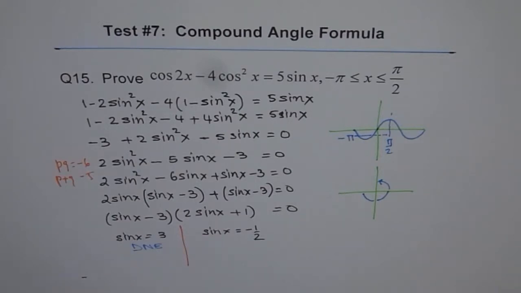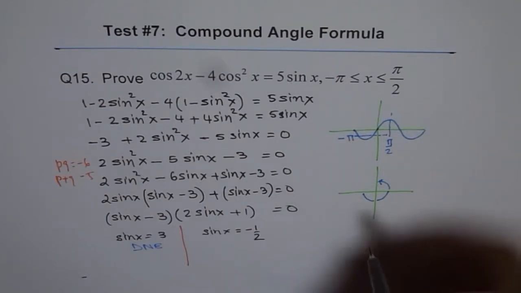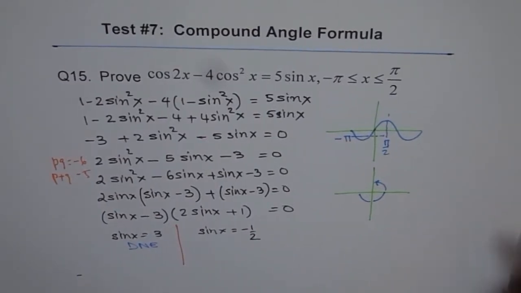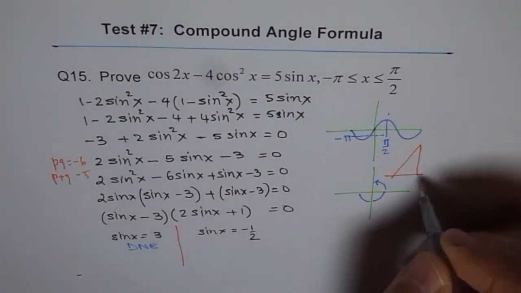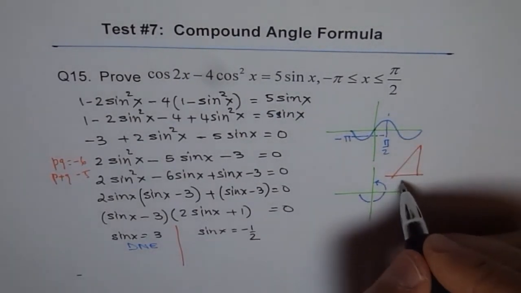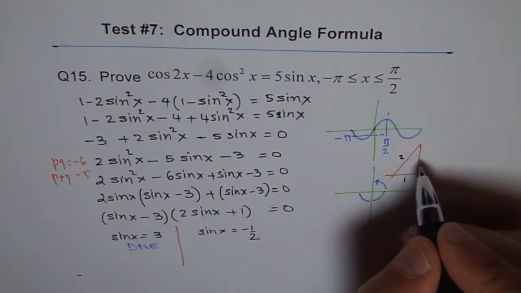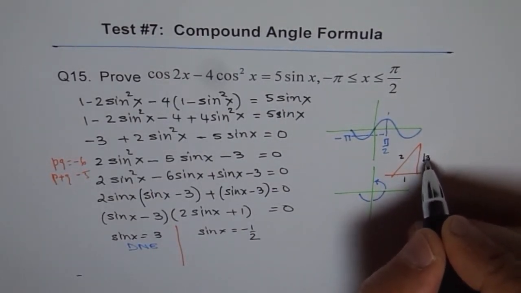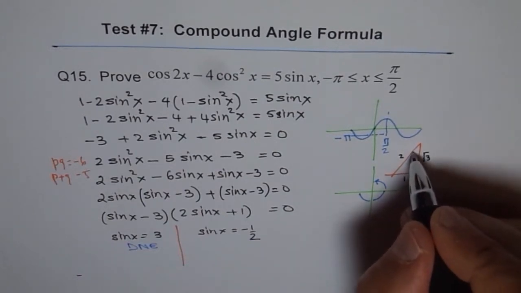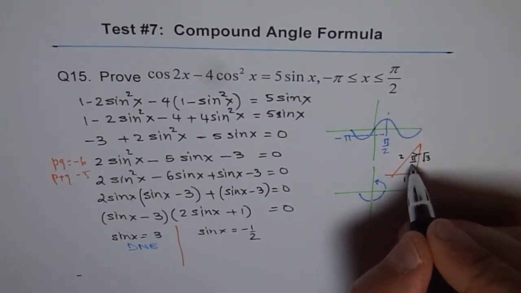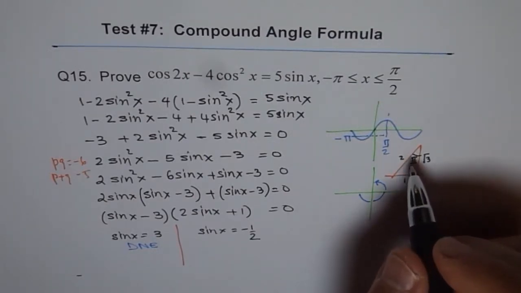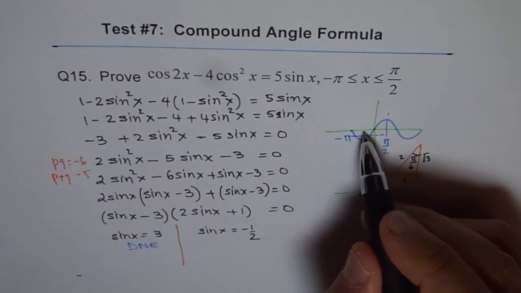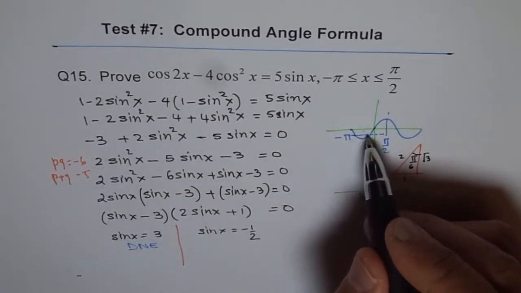Now to get this answer of minus half, we can use special triangles. The special triangle is the 30-60 triangle. In this triangle, this is 1, this is 2 and this is square root of 3. For sine to be minus half, we're looking at an angle of pi by 6. This angle pi by 6 is on the minus side, and there are two solutions here.